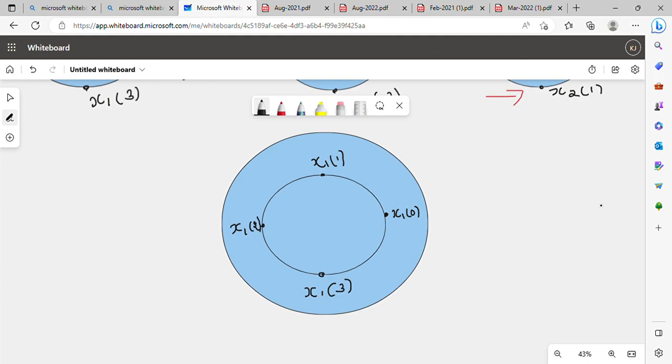Yes. So here it is x1 of, and here it is x2 of 0. And here it is my x2 of 1.